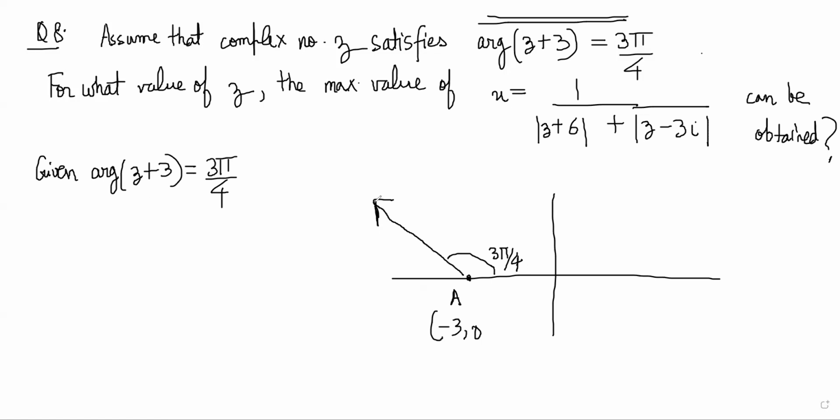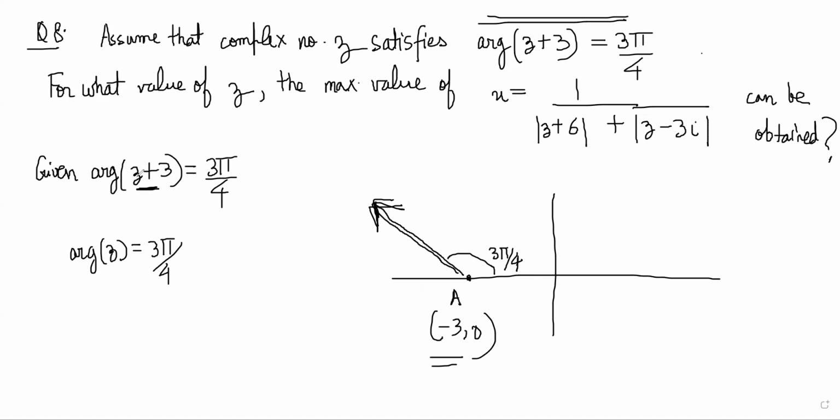This is the meaning of argument of a complex number being equal to some constant. Why are we starting from minus 3 comma 0? Because we have shifted this. If the question was simply argument of z is equal to 3 pi by 4, I would have started from the origin. But right now it is z plus 3. So that means it is a left shift by minus 3 units, right?